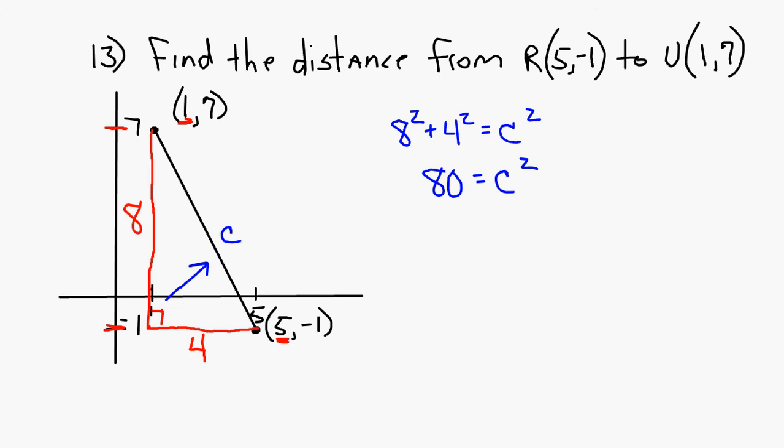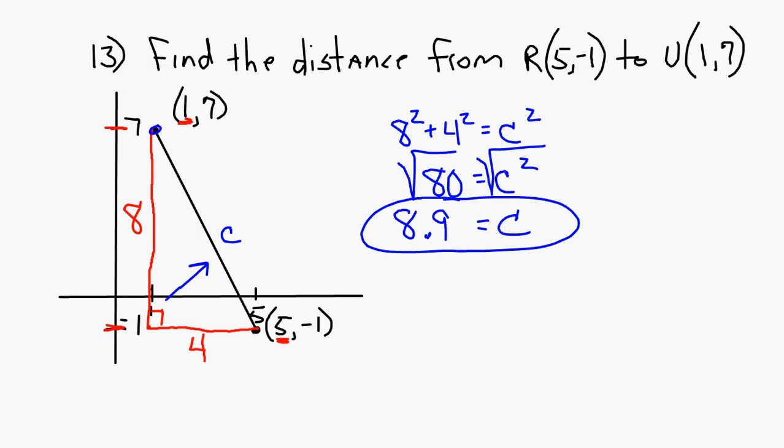And what do we do next? Push that square root button on your calculator. What does it say? 8.9? 8.9 is how far it is from 1, 7 to 5, negative 1.